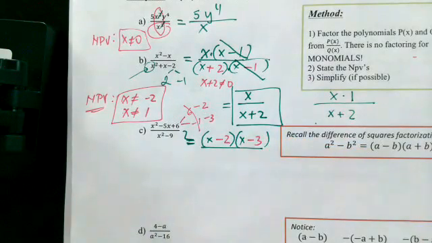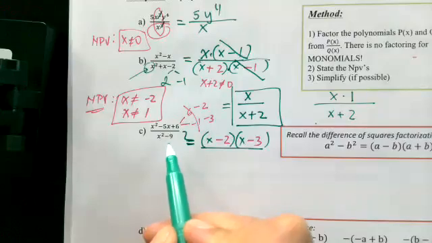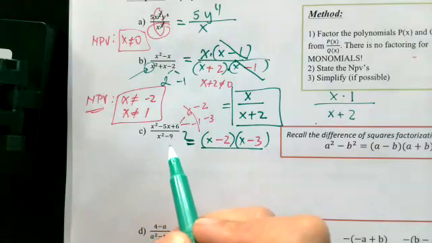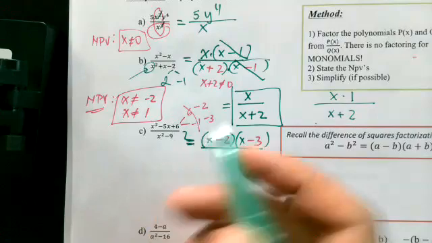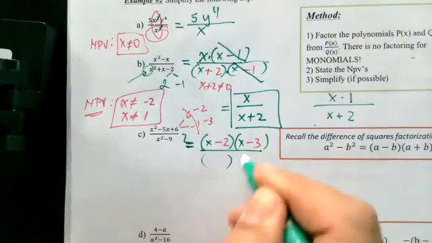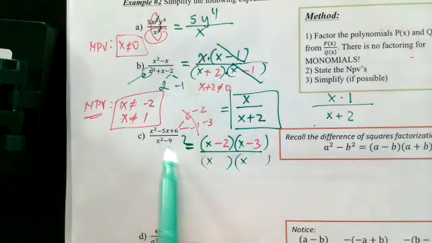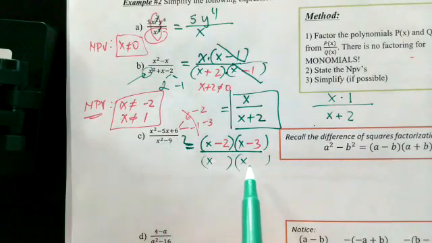And at the bottom, x squared minus 9. This is the shortcut of the factorization of that. It's called the difference of squares factorization. It's going to be x in each, and then one of these values here is going to be the square root of 9 but positive, and the other one will be the square root of 9 but negative.